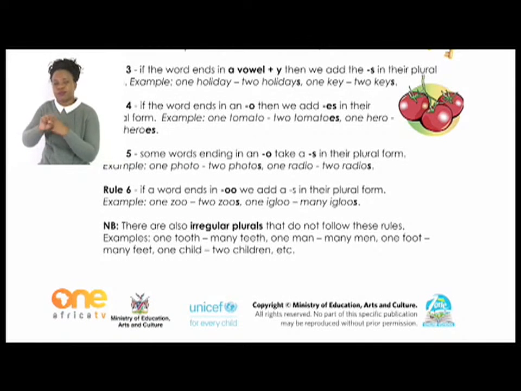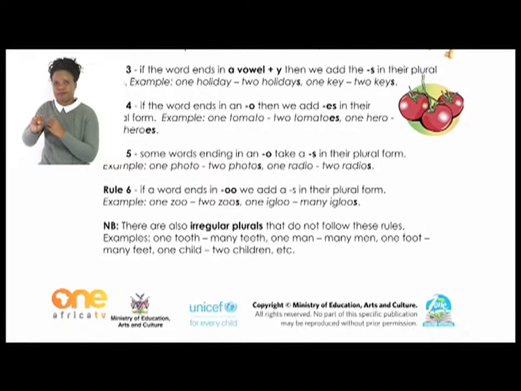Let's look at the examples. Holiday. The noun holiday is ending with A plus a Y. So there, we just add an S. One key, two keys. We are just adding an S.